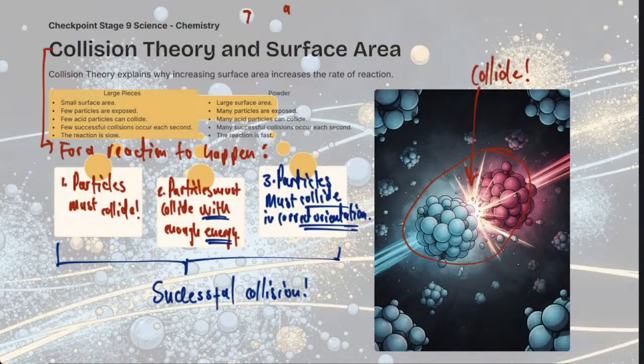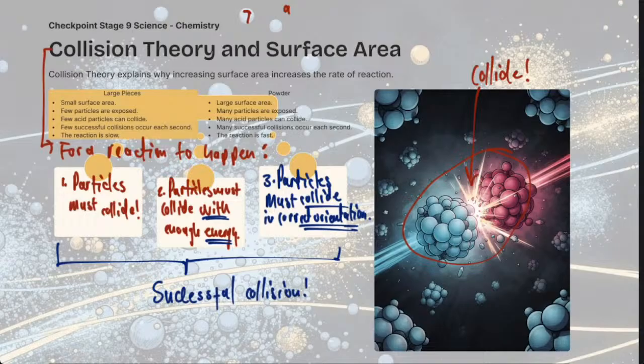If the orientation is wrong, will you have a successful collision? You can't. Yes, good. There will be a collision, but not a successful one. For a successful one, all three must be met. They must collide, and with correct energy, and in the correct orientation, right?